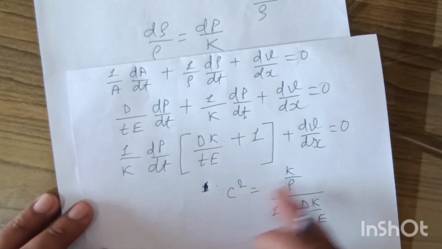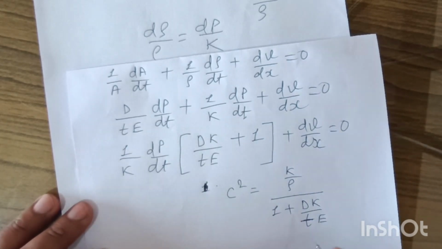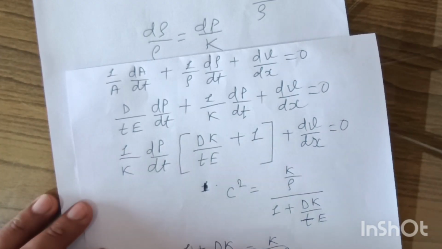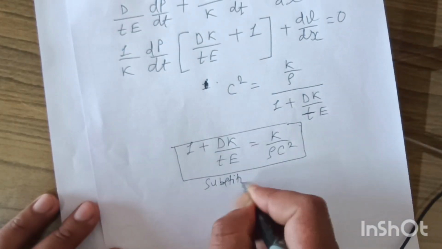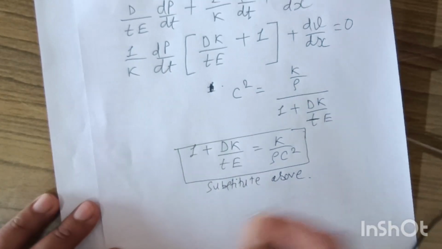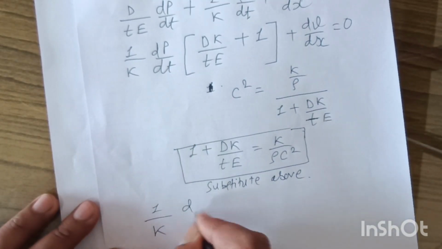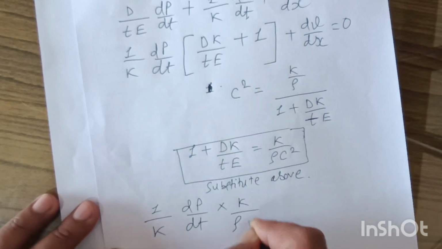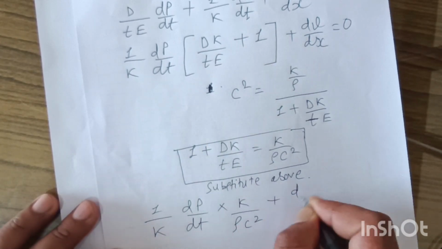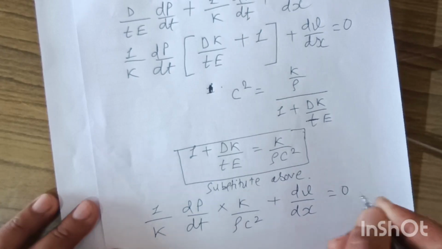So this is the celerity, in the case of a thick enclosure, the pipe is elastic. So you can say that 1 plus dk by te is equal to k by rho c square. Substitute this above, and you are going to get 1 by k dp by dt into k by rho c square plus dv by dx is equal to 0.